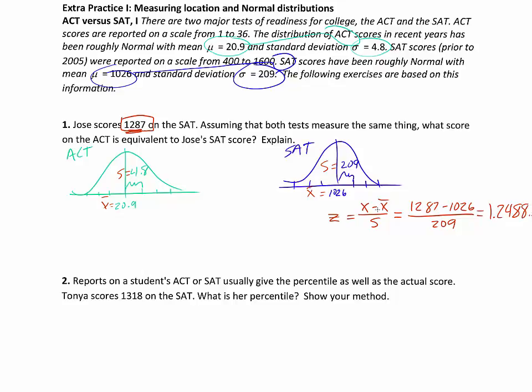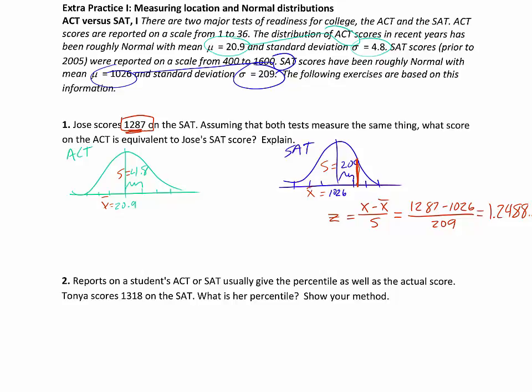Now, that is a z-score. That means his score, if you were to plot it out on the curve, is going to be a whole standard deviation away, and then about a quarter of the way to the next standard deviation. So he's roughly right about here, which is not bad. I mean, he's above average by a decent amount here.